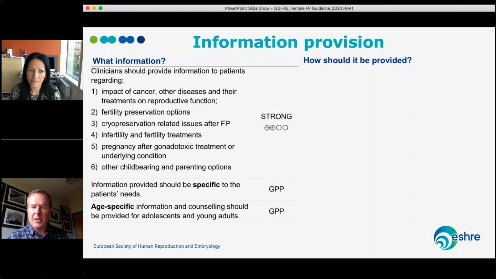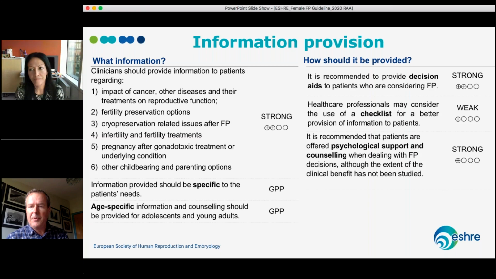That information should be specific for the patient, and for younger patients should be age specific as well. How that can be provided has classically been in the form of information sheets, but there's now growing evidence that decision aids are actually a much better way of helping patients make these complicated decisions, and there are now decision aids available for patients in many of these groups that will help them do that. So that was a strong recommendation.